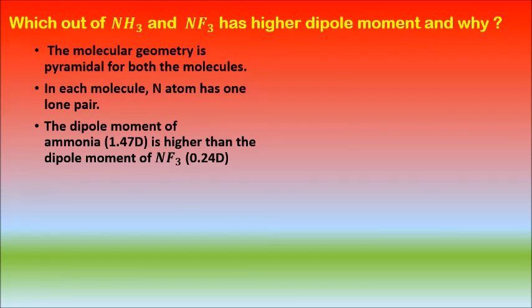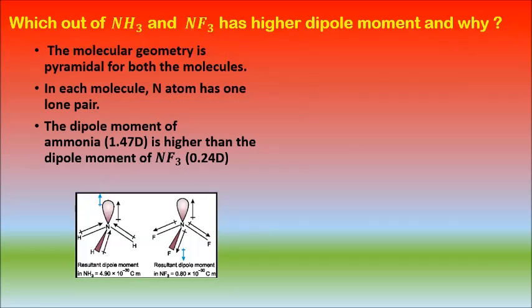The dipole moment of ammonia, that is 1.47 D, is higher than that of NF3, which is 0.24 D. So which has the higher dipole moment? Ammonia. And why it is higher, we can understand through this diagram.